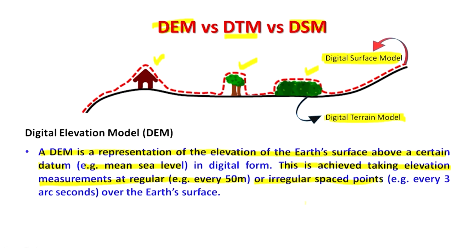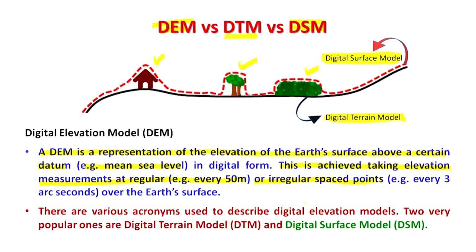That means we have some way of filling each cell of that grid with some elevation value. There are various acronyms used to describe digital elevation models, but 2 very popular ones are digital terrain model and digital surface model. Digital surface model is generally generated by the LIDAR technique.